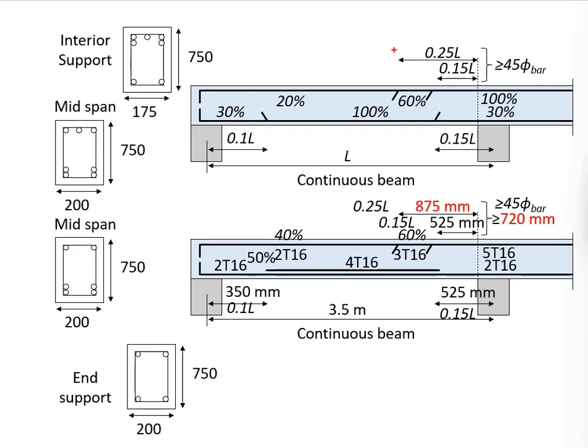That means sometimes it doesn't fully comply with the exact locations where you can do the curtailment. Then you need to be wise when you choose the amount of reinforcement bar to be curtailed, as well as the locations of the reinforcement bar to be curtailed.